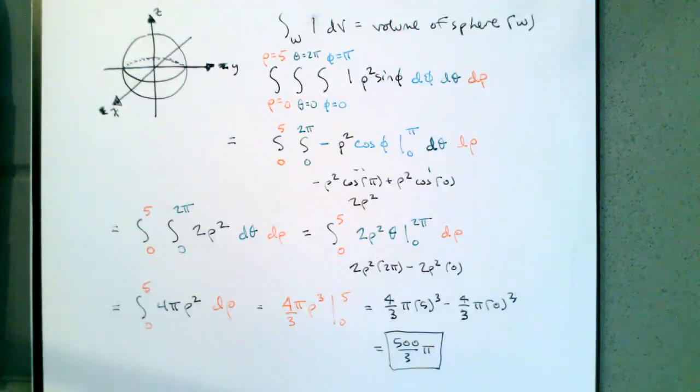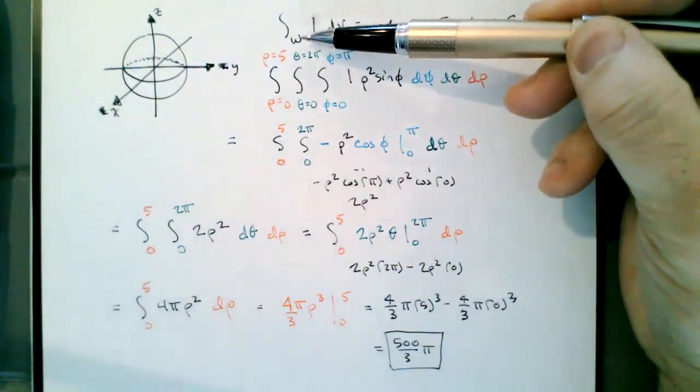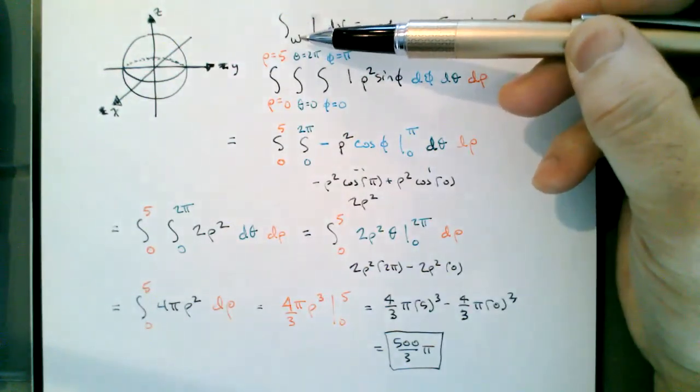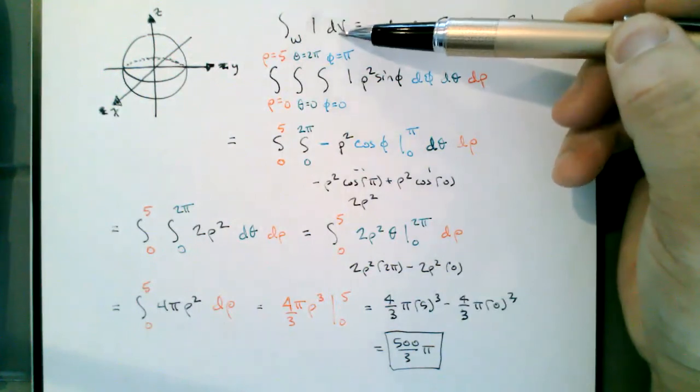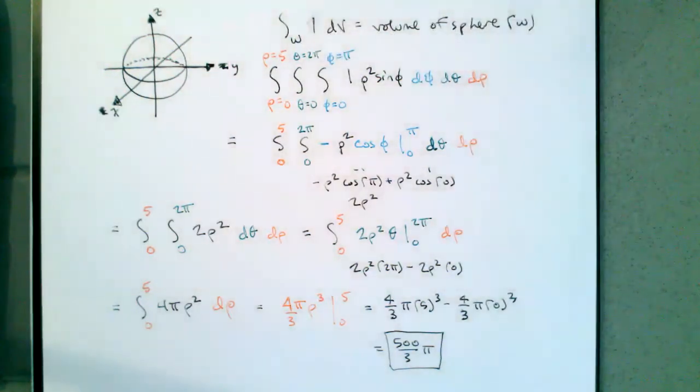All right, that's going to do it for today. Always keep thinking about where this rho squared sine phi comes from. Why does it have to be there? Where do we get it? Remember what all the symbols represent. W is the set of x, y, and z that we're plugging into the function and multiplying by this dV, and then just adding up all those values.